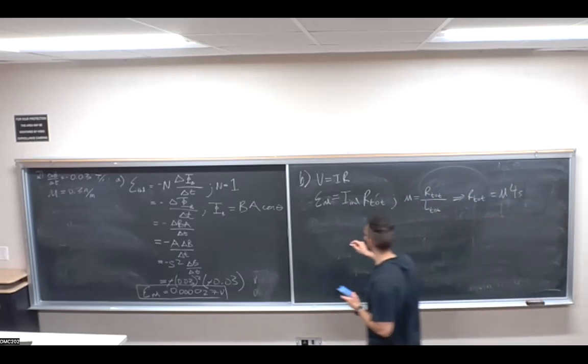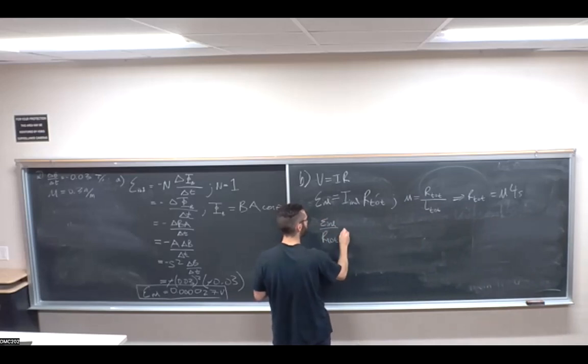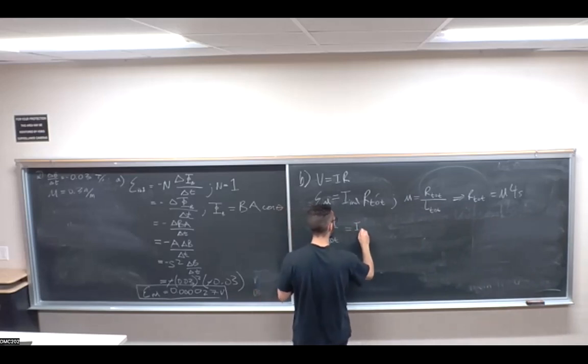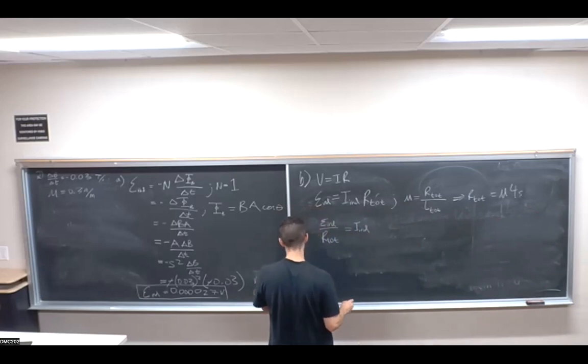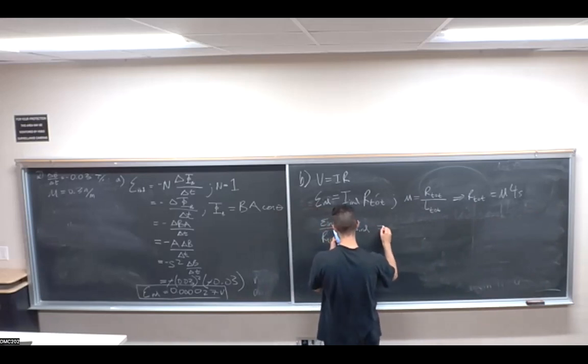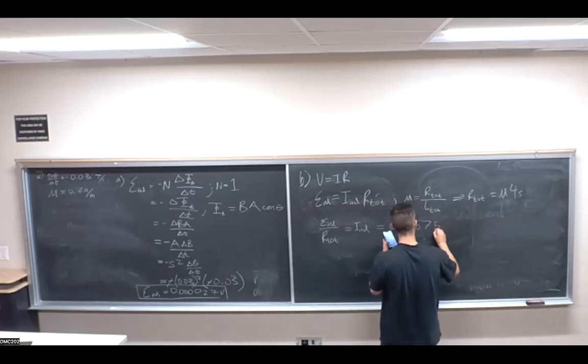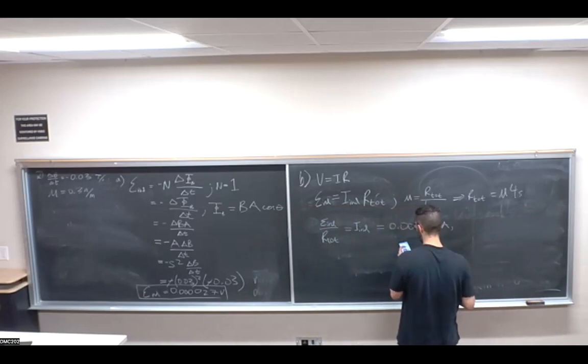Now I can rearrange this equation: the induced EMF divided by R total, where I showed you what R total is equal to, equals I induced. You plug everything in, and what you end up with is I induced equal to 0.3075 amps.